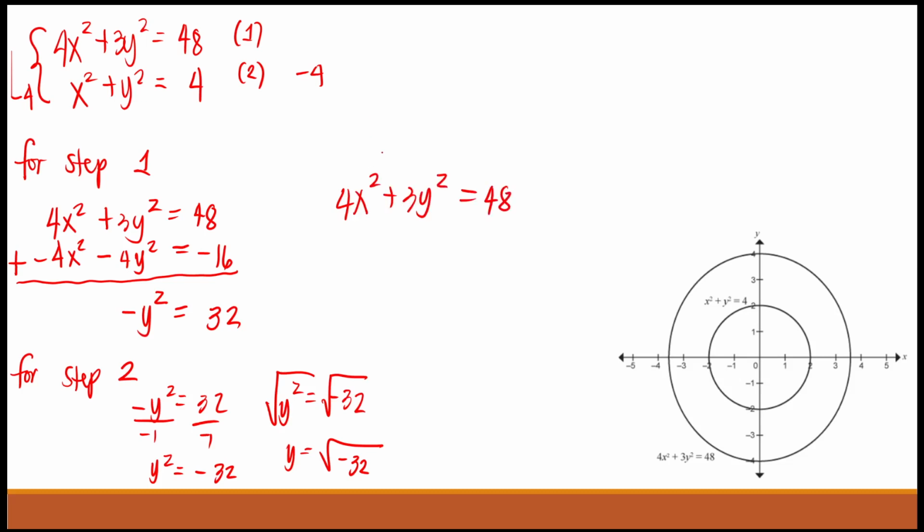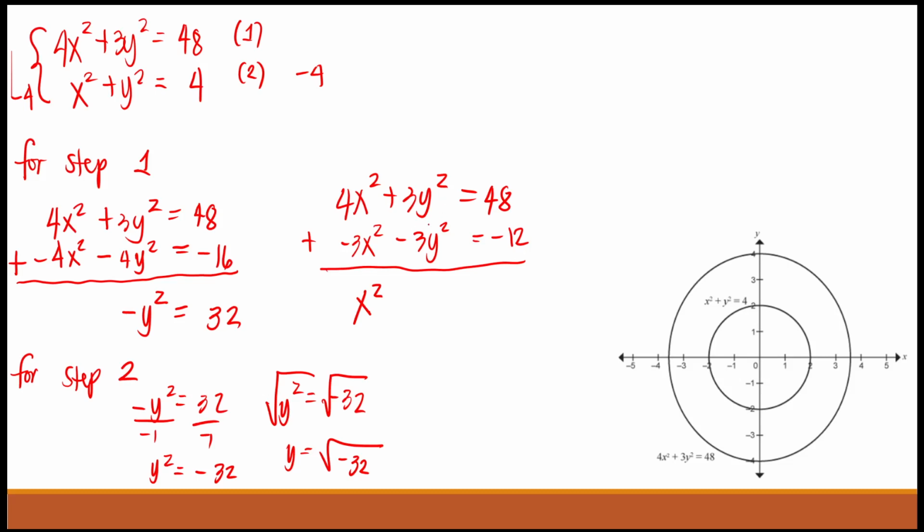So, let's try. If we multiply equation 2 by -3, we get negative 3x squared minus 3y squared, and that is equal to negative 12. And then if we add that, tapos pag in-add natin yan, we have positive x squared.